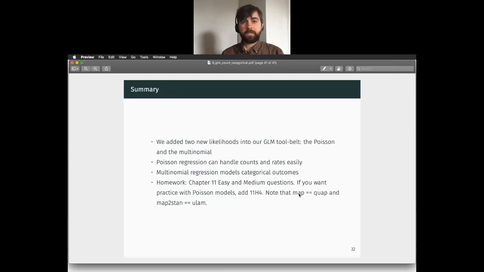So for homework, again, optional, but if you want some practice with this stuff, I'm suggesting the easy and medium questions from chapter 11 as good practice for both logistic regression models and Poisson and multinomial models. And if you want practice with the Poisson models, add in the hard 4 question, the 11H4 question.